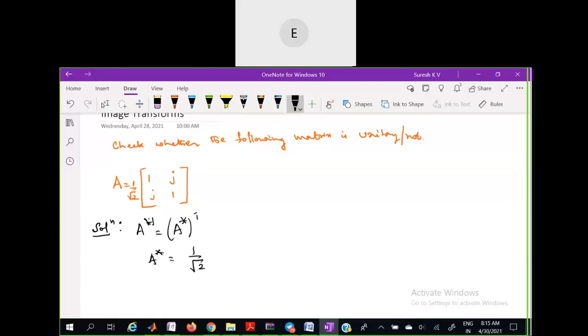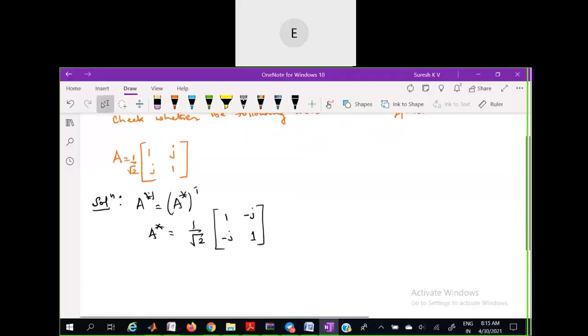You have to replace j by minus j. So this is 1, this is minus j, this is minus j, and this is 1. A conjugate transpose means rows should be replaced with columns. In this case, since the matrix is symmetric, you will get back the same. But this is not true always. Be very careful.